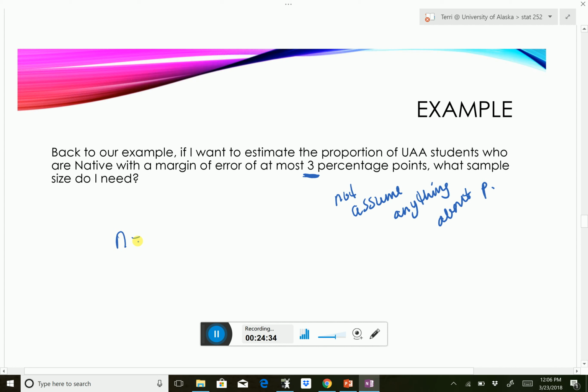So my N is 0.25 times Z over E squared. And I didn't say what I wanted, so I'm going to assume that I still want a 95% confidence interval. And the E that I want is 3.